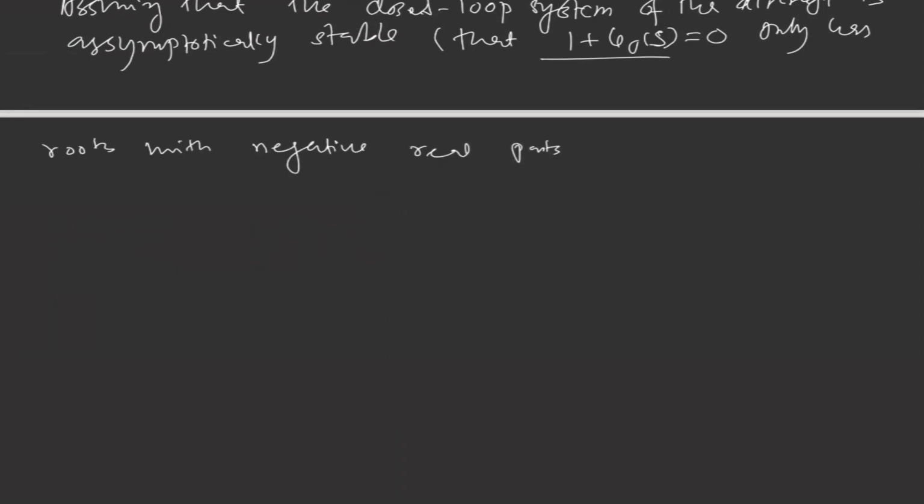So if the roots we are getting from the characteristic equation, these are basically poles, and the real part of the poles should be negative in sign, and then we can say that the system is asymptotically stable, because the system will be decaying to the reference signal.